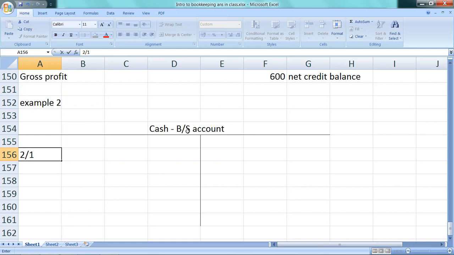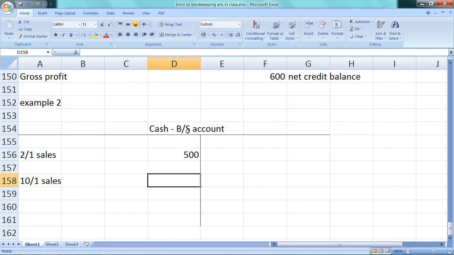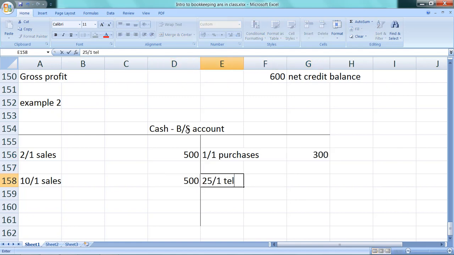So on the 2nd of the 1st, we've made some sales of £500. On the 10th of the 1st, we've made some sales for £500, nice and even and average. On the 1st of the 1st, we've got some purchases, which we've had to pay for in terms of cash, which is £300. And then on the 25th of the 1st, we've got the telephone bill, which is going to come in at an extra amount of £50.